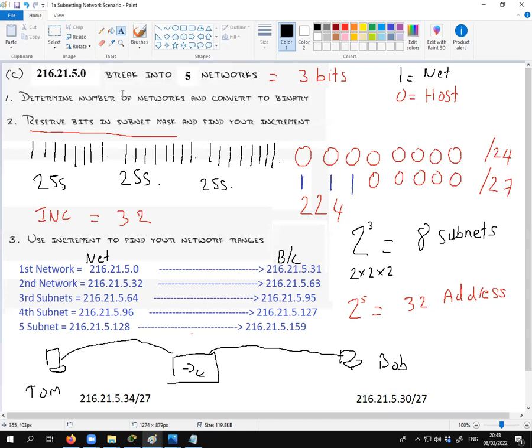Bob is the very last address in network number 1. They're in different networks. So even though they're only 4 IP addresses away from each other, they're in separate subnets. It's a good example to show the practical purpose of it. This is the reason why we subnet.